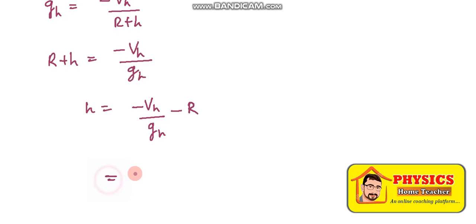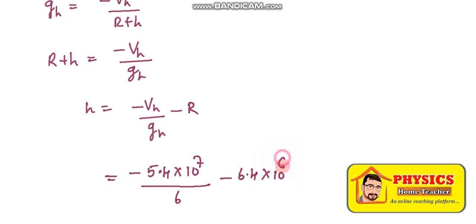So what is minus Vh? Minus of minus 5.4 into 10 power 7, divided by gh value, which is 6, minus radius of earth 6.4 into 10 power 6, right? You can just simplify this.